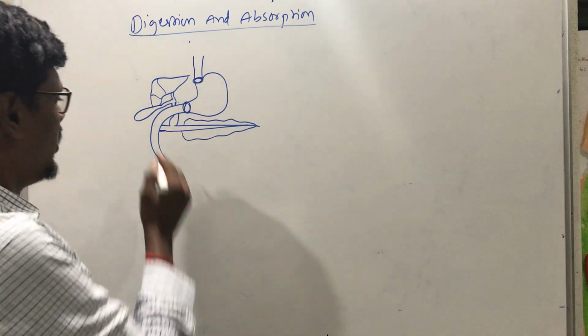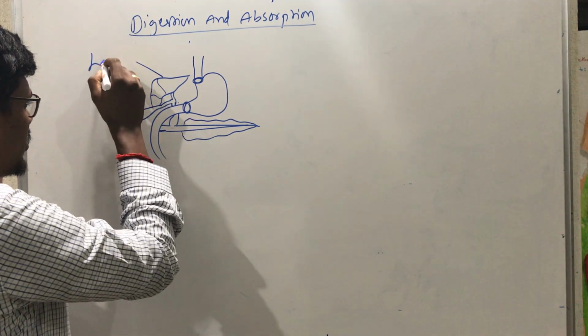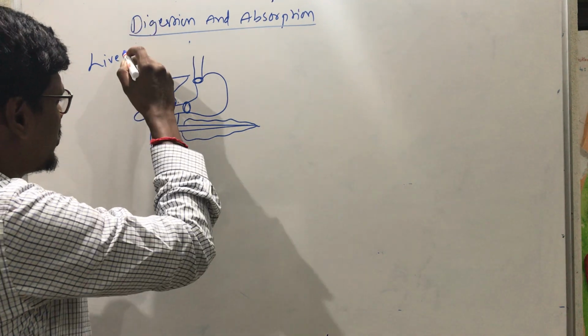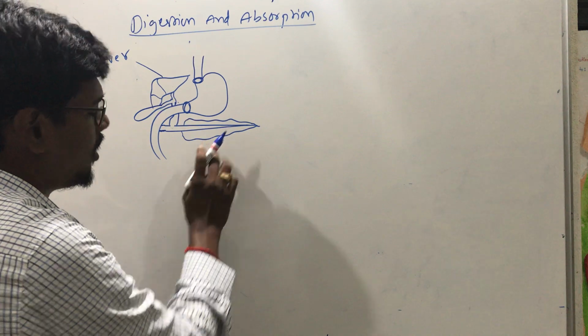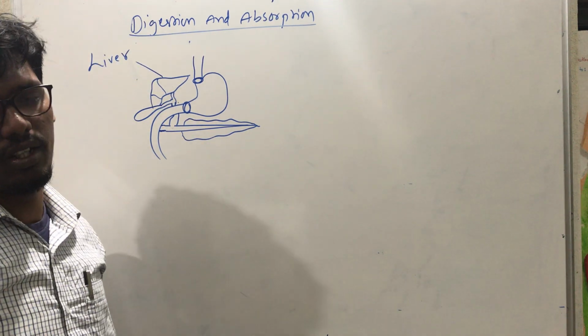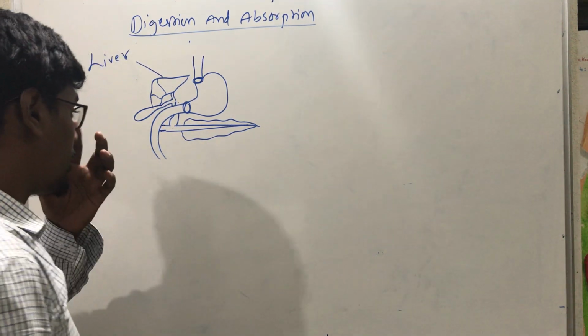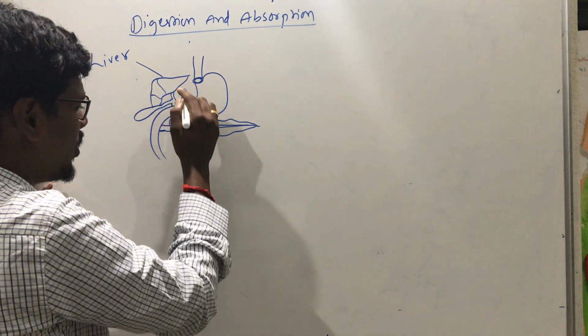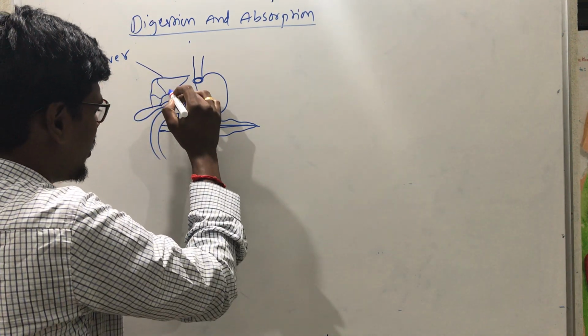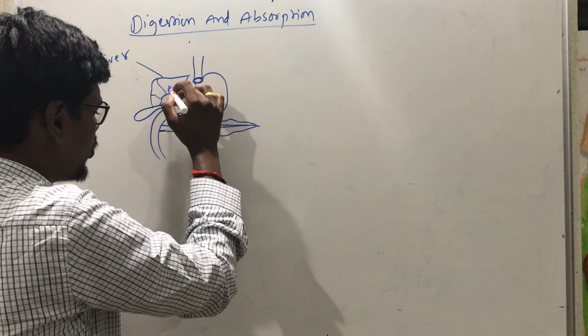Right, this is the liver, and another one is the pancreas. The liver has so many lobules.